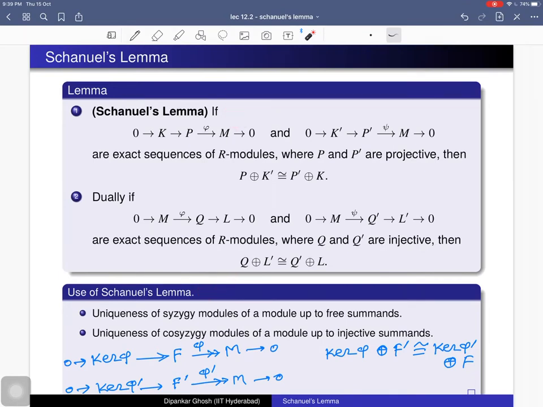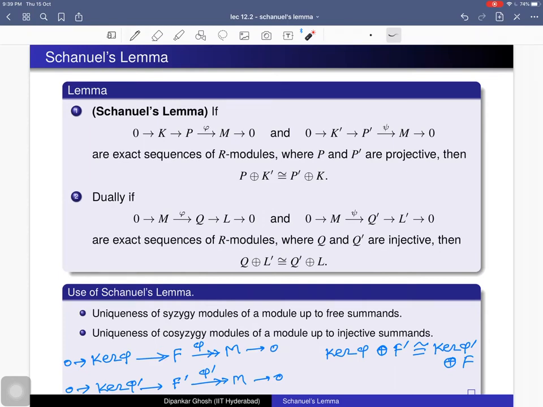Using this lemma we can have uniqueness of the syzygy modules of a module up to free summands. First let me say what the syzygy module of a module is. You consider an R module M, then we have proved that any R module is a quotient of a free R module, and hence a quotient of a projective R module.